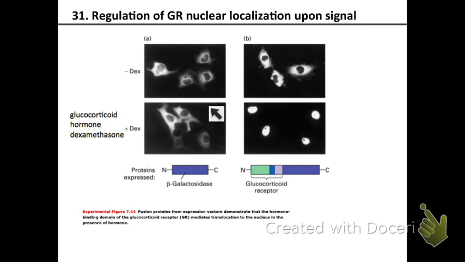Now, when you add the hormone, in your negative control nothing happens because there's nothing that controls the subnuclear localization of the reporter, and your reporter stays in the cytoplasm. But what you can see is that the glucocorticoid receptor, with the addition of the ligand, is now completely localizing in the nucleus, and you no longer see the cytoplasmic signal, right? So you know that this protein is sufficient for localizing here.